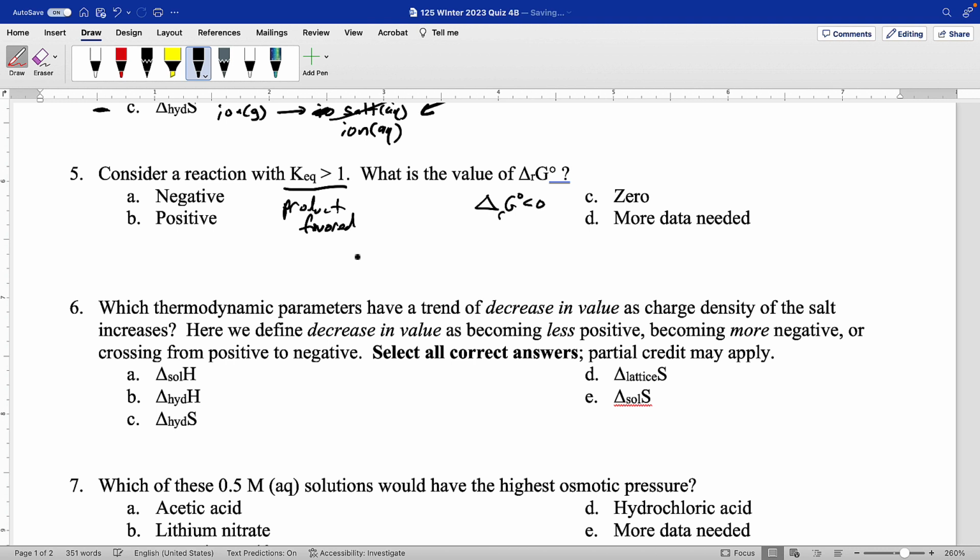We can make that more rigorous by saying delta G standard is equal to negative RT log of K equilibrium. We said we have a K greater than 1, so we plug in a number greater than 1 into this logarithm. That's going to be a positive number. Multiply that positive number times negative RT, we get a negative number for delta G standard.